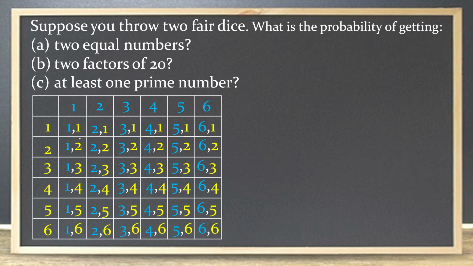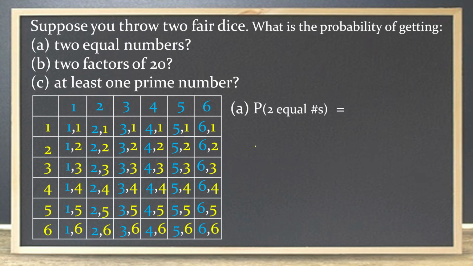So the only possible ways that we can obtain equal numbers are those values that we have along the diagonal of this chart, of this table. So we have 1, 2, 3, 4, 5, 6. So those are 6 different ways that we can obtain numbers that are equal when 2 dice are thrown.